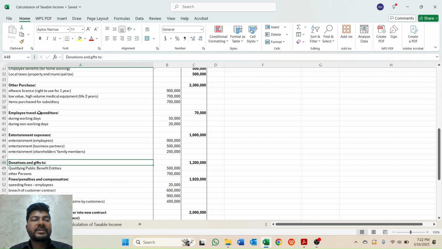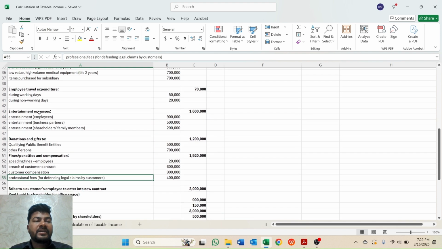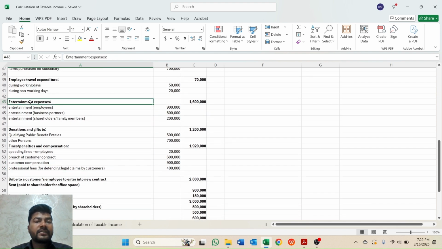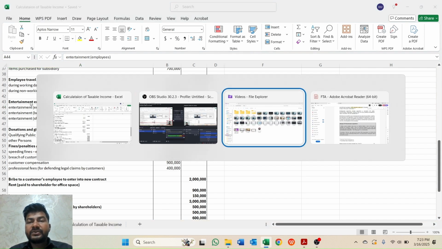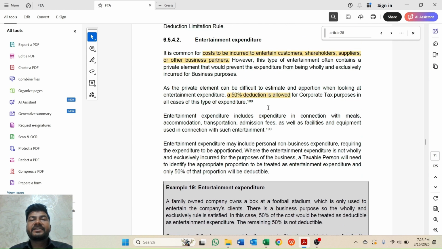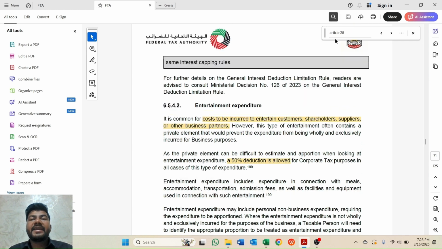Now let's come to entertainment expenditure. Before discussing all these things, I would like to take you to the provisions provided in the guidelines for the calculation of allowable entertainment expenditure. When you come here, you can go to article 28 of the general guide rules.